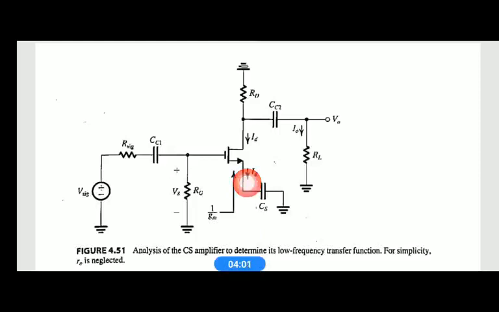If you look at the low frequency model for the MOSFET, the input resistance between gate and source is 1 by gm, which is given here. That is enough for the analysis, right? Therefore, a simple AC equivalent circuit is drawn for the CS amplifier here.